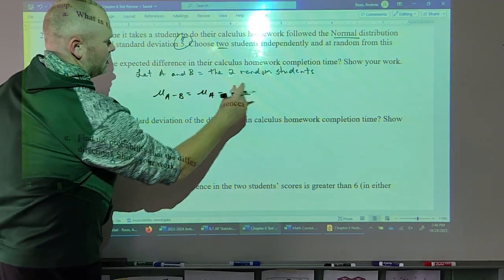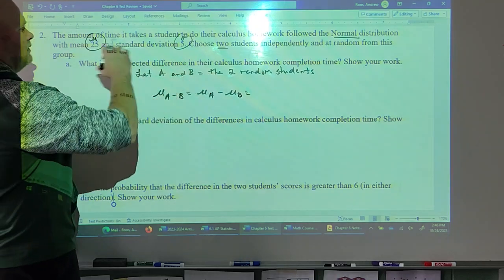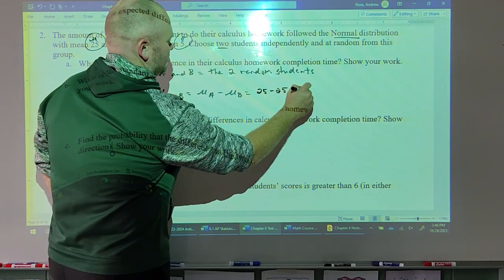For means, remember, we can just subtract them. So if one student's average is 25, another student's average is 25, then the expected difference would be 0.